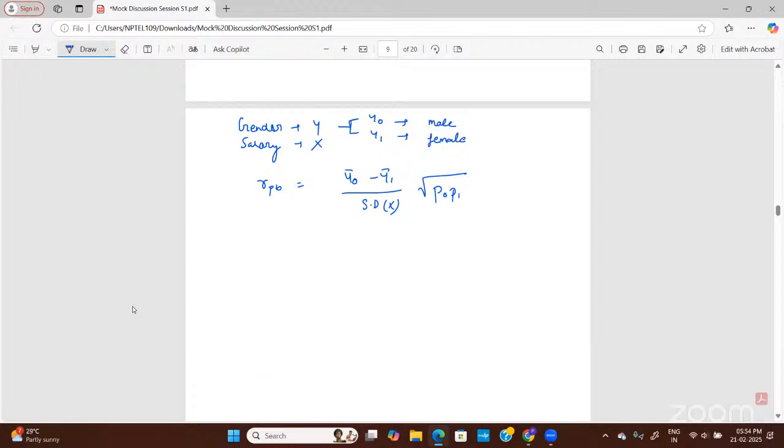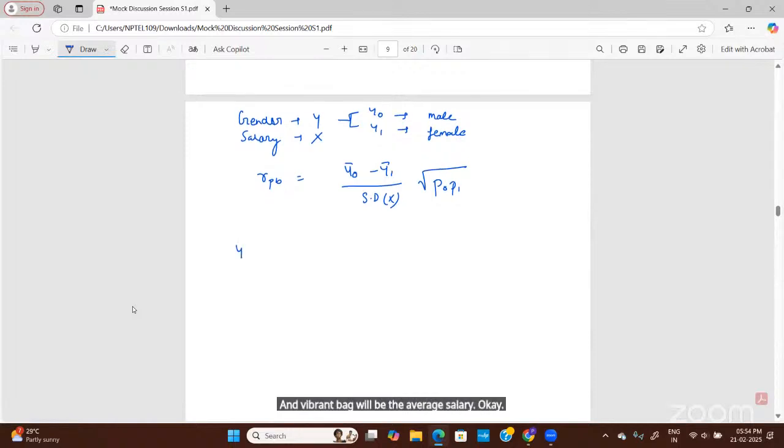So Y0 bar will be the average salary for male students, and Y1 bar will be the average salary for female students. Let me write it also.